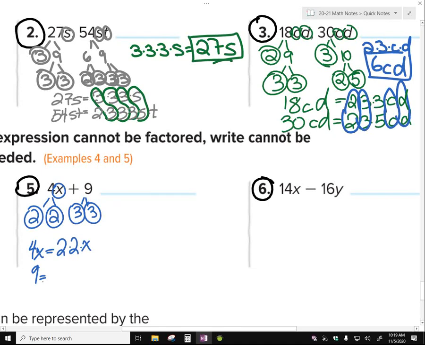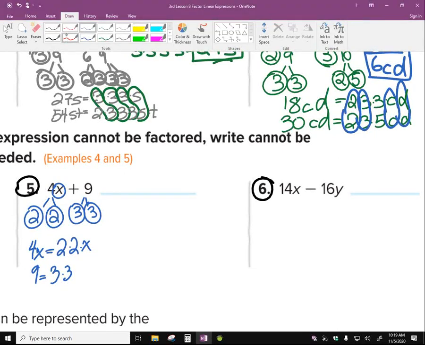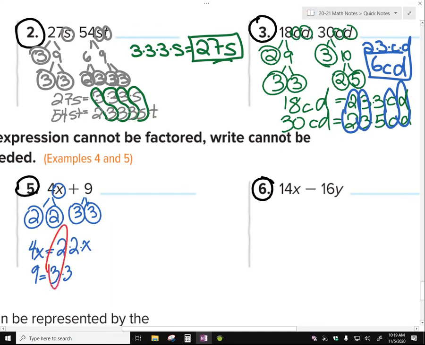Two times 6, 3 times 3. With these ones, this is where you're finding out what's in common, and that's what stays outside the parentheses. Common. Common. Five.